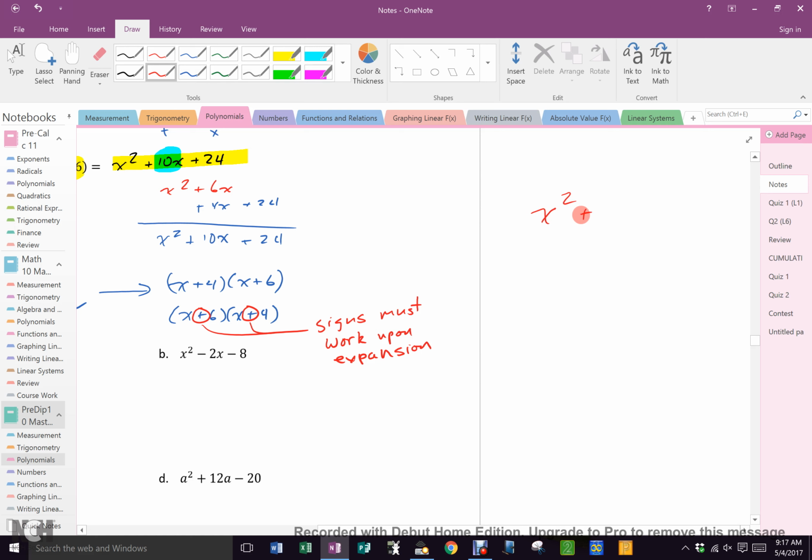X squared plus bx plus c. The answer is x plus m, x plus n. And since they're both positive, I'm just doing it all with positives. You have to understand the signs, right?